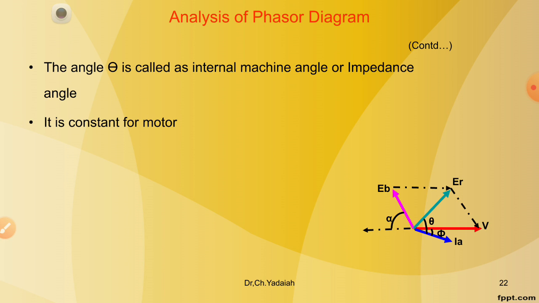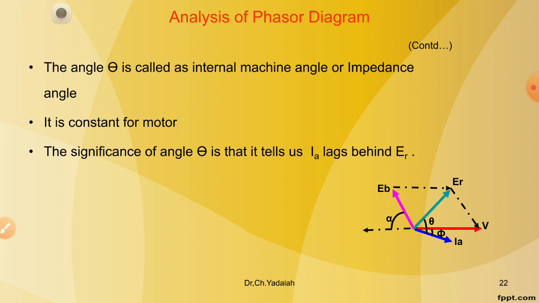So, what is the constant? Tan inverse of XS by RA, that is the synchronous reactance by resistance. The resistance at the time of manufacture is a constant value, reactance is also a constant value. So, tan inverse of XS by RA gives the theta angle, that is a constant value.